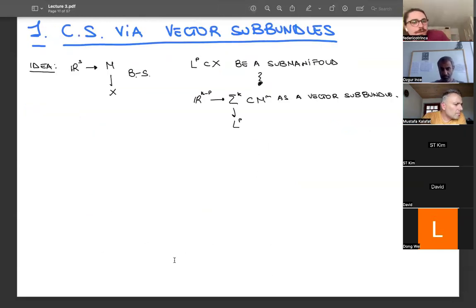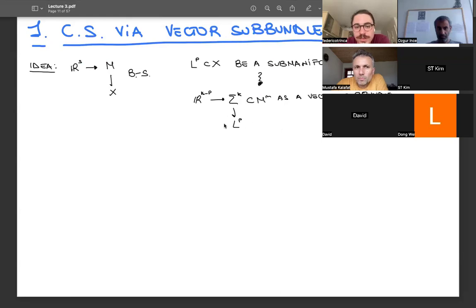So let's start with the first idea. We're going to construct calibrated submanifolds via vector subbundles. We have the Bryant–Salamon manifold, which once again is some vector bundle over some base space X, and we consider L^p to be a submanifold of my base X. Over this submanifold, we want to construct our submanifold of the ambient manifold M^n as some vector subbundle.